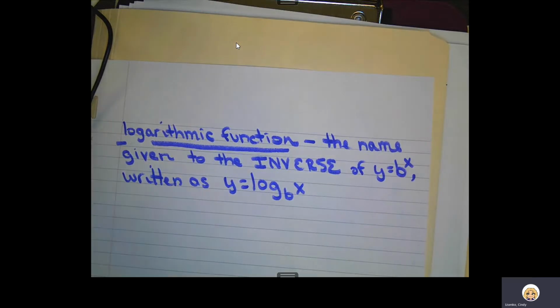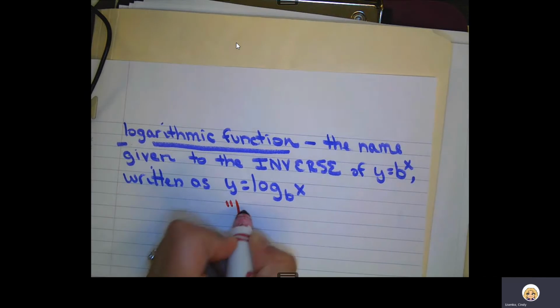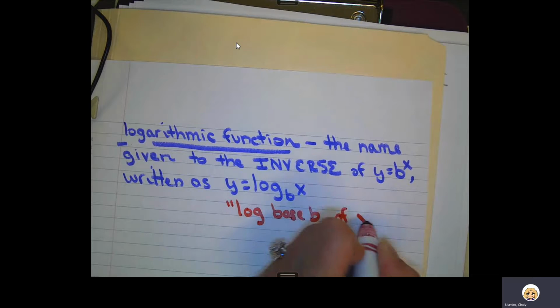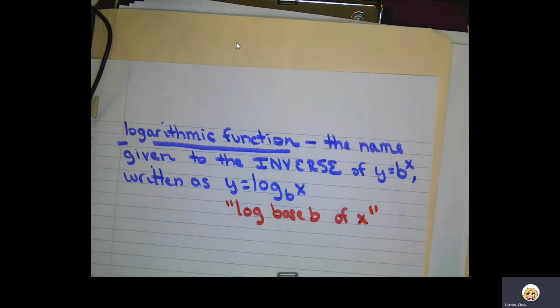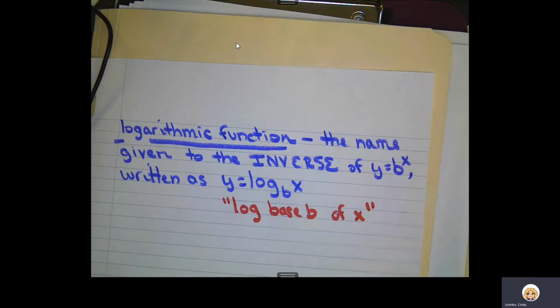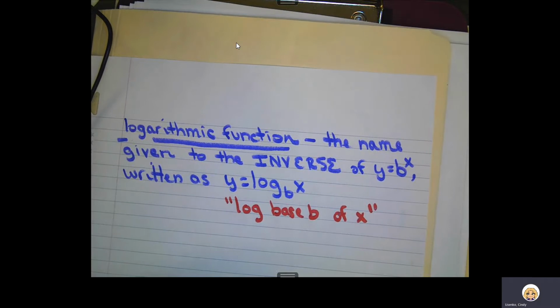I'm going to put in little quotes how you would say that. When you see something like this, you would say log base b of x. So anytime we want the inverse of an equation that's an exponential function, we can write it as a log function, just like this. So I'm going to bubble something in real quick.